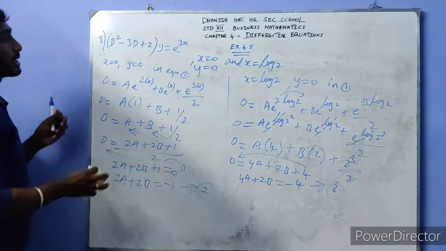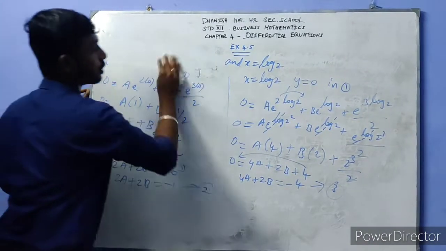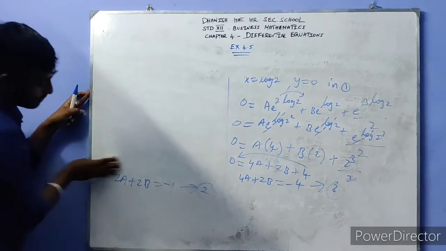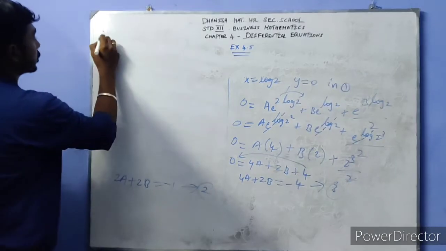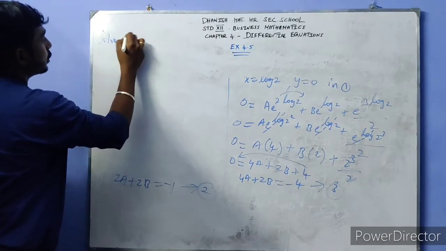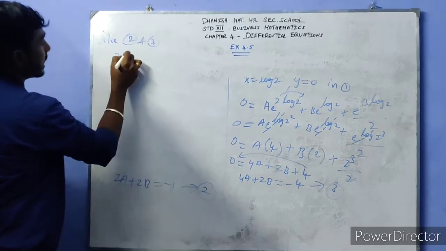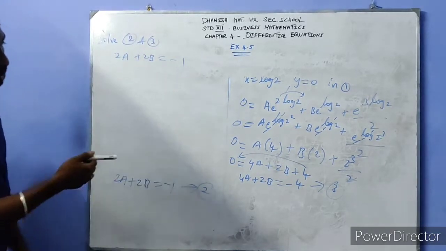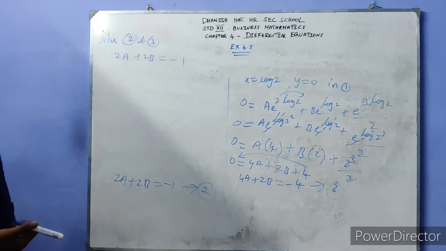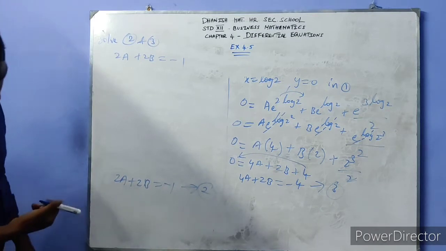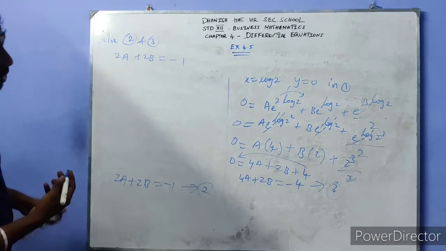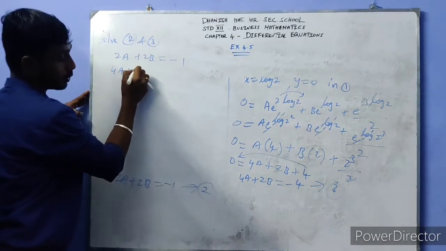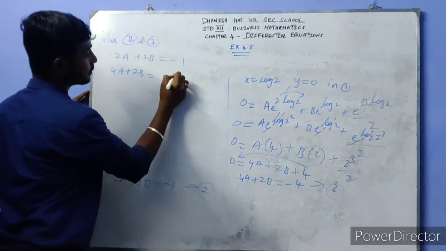Now we are going to solve the second and third equation. What is the second equation? 2A plus 2B equal to minus 1. What is the third equation? That is 4A plus 2B equal to minus 4 here.